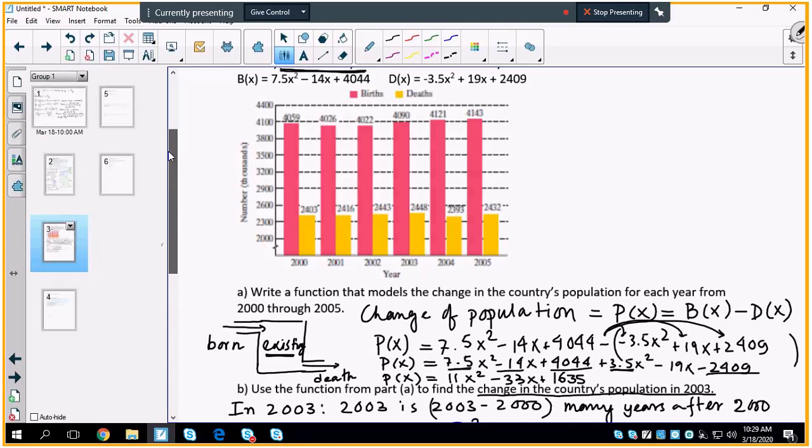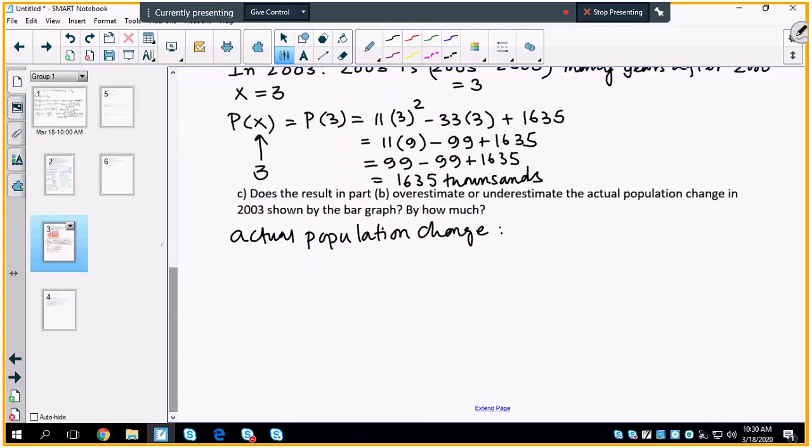So in 2003, number of births is given by 4090, number of deaths is given by 2448. So 4090 is your BX, and these are the actual numbers. DX is 2448, and also these are all in thousands.